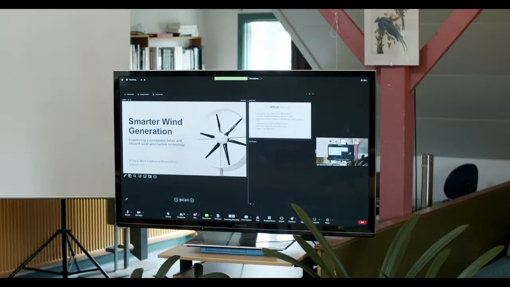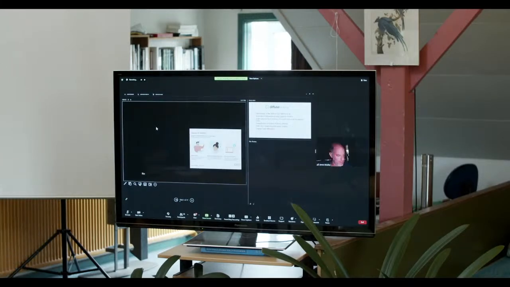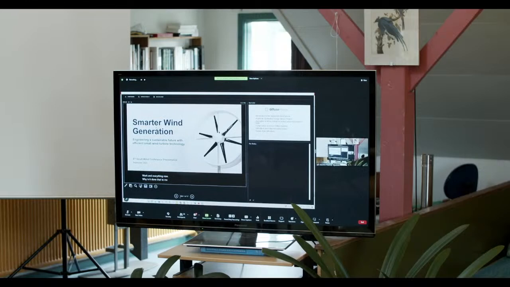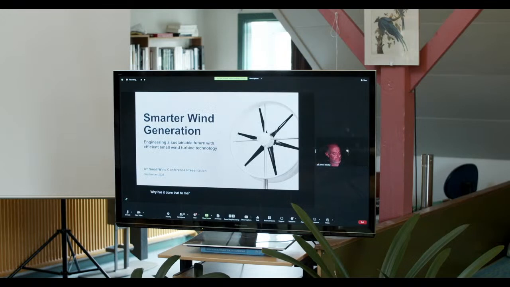There should be something like switch display settings, maybe? Broken everything now. Why has it done that to me? You go on display settings on the left, should be... Yeah. How's that? Perfect. Thank you. Okay.